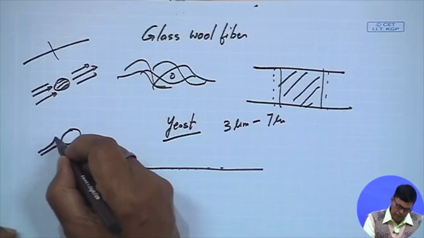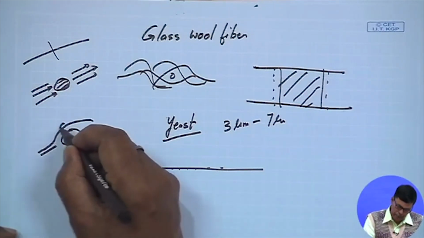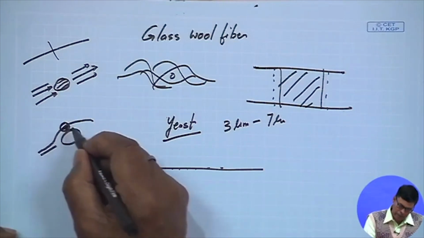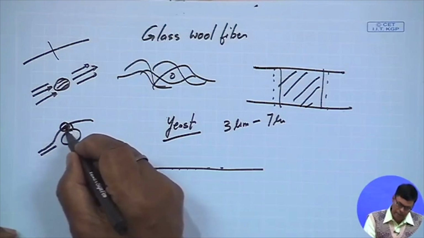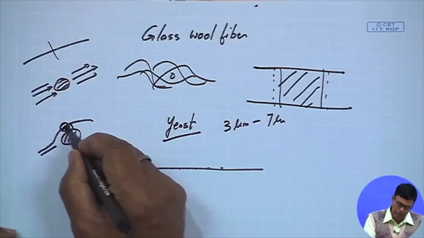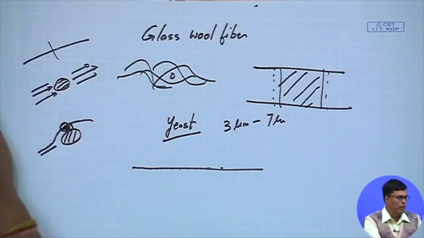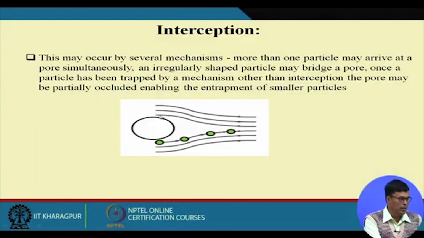Suppose the particle is going like this. Now, if this particle radius is equal to this width, then and only then will it touch the surface of the fiber. Otherwise, it will not touch the surface of the fiber. So if the particle is collected like this, we call it the particle collected due to interception.